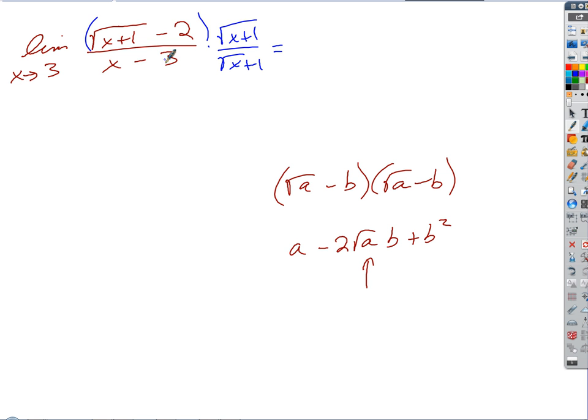That's the problem. So if I do that on the top, I get the limit of x plus 1 minus 2 times the square root of x plus 1. And unfortunately, what happens there if I let x go to 3? It's still 0, isn't it? Right?